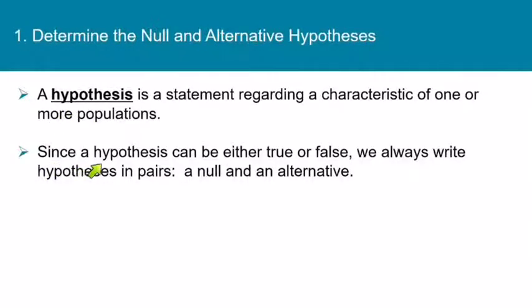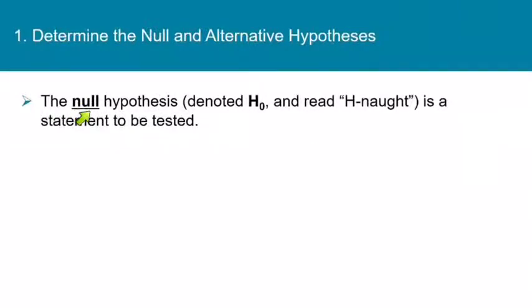Now, since a hypothesis can either be true or false, we always write our hypotheses in pairs. We will always have a null hypothesis and an alternative hypothesis. The null hypothesis is always labeled H subscript 0, which we say as H naught.